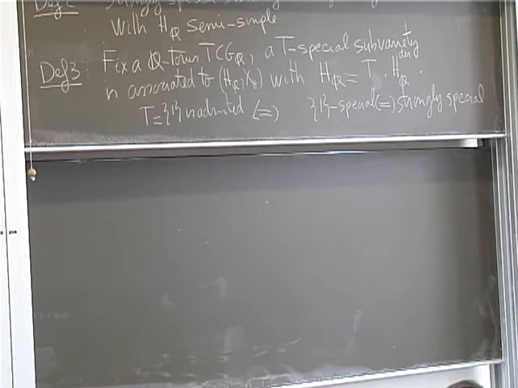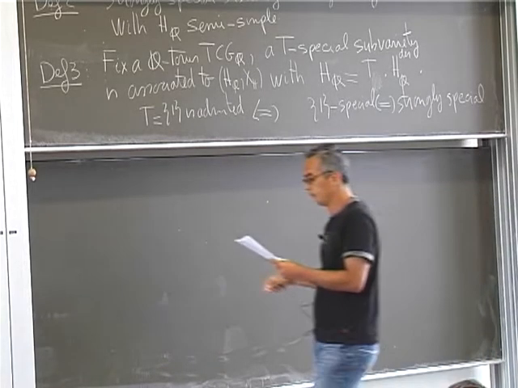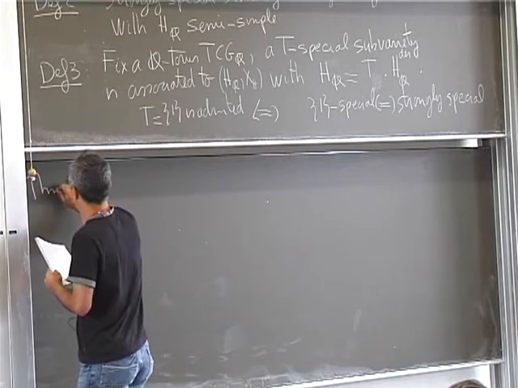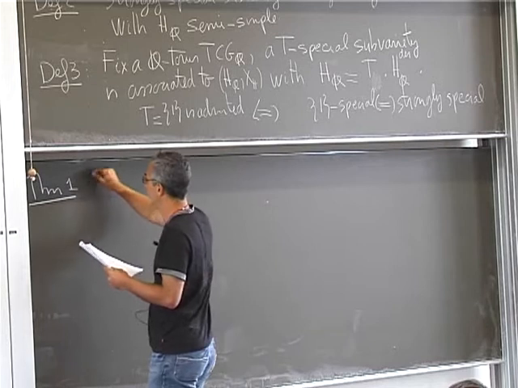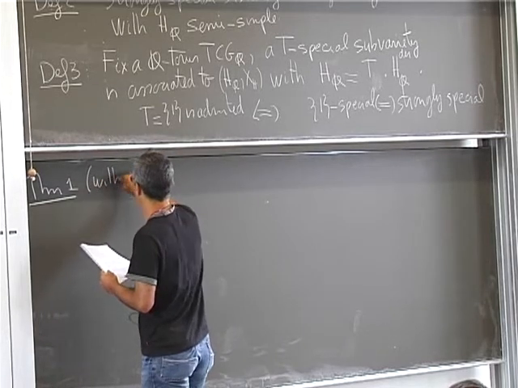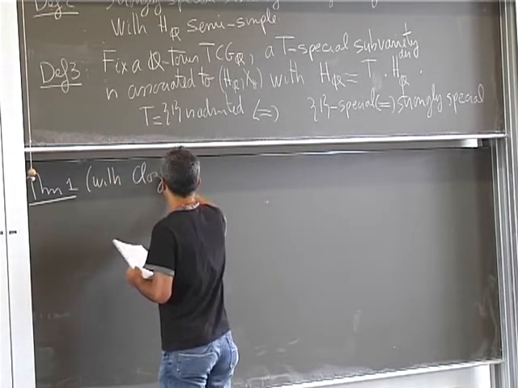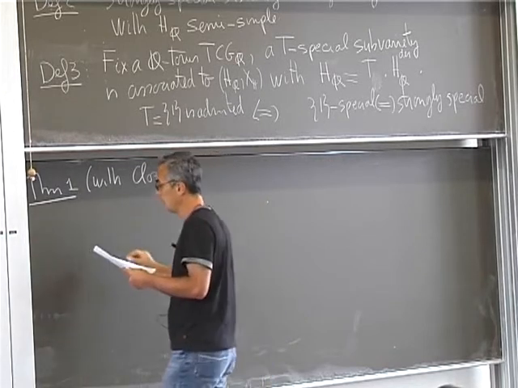Okay, so the first theorem, it's about equidistribution and essentially with Clozel, is the following.